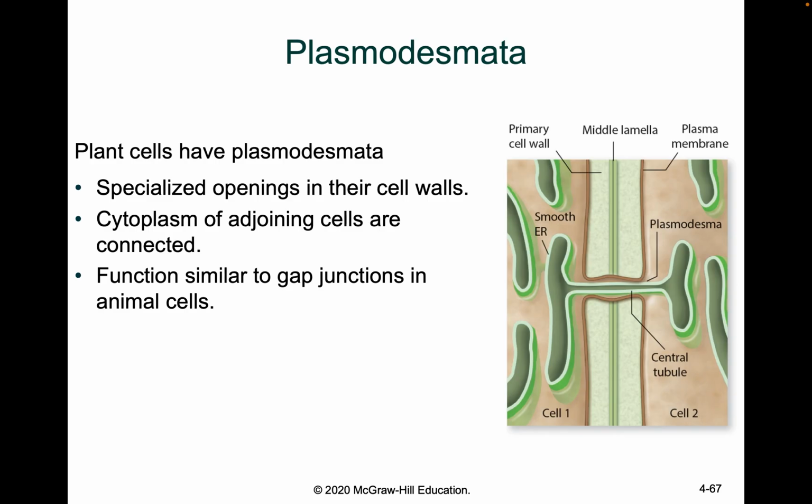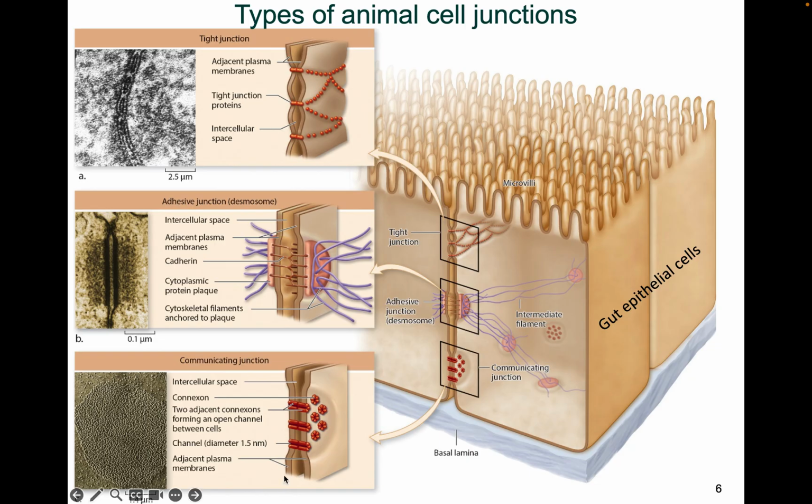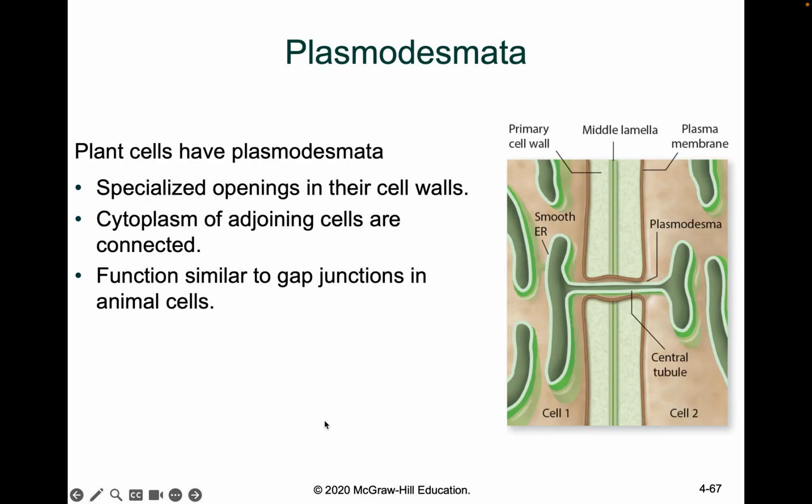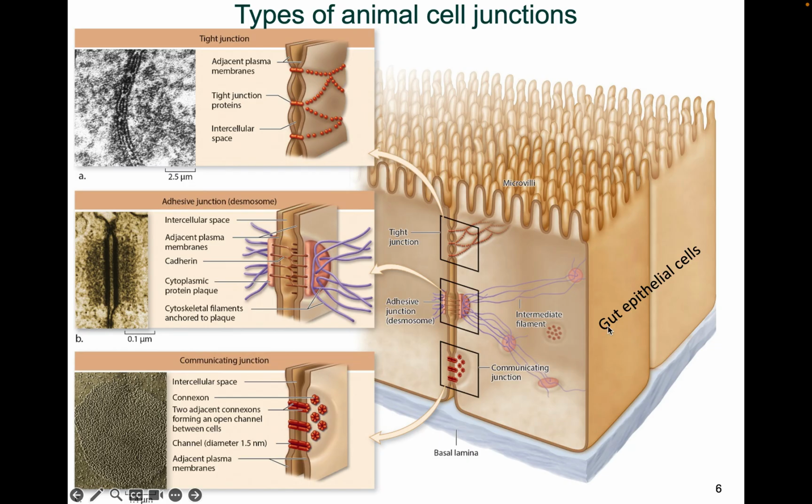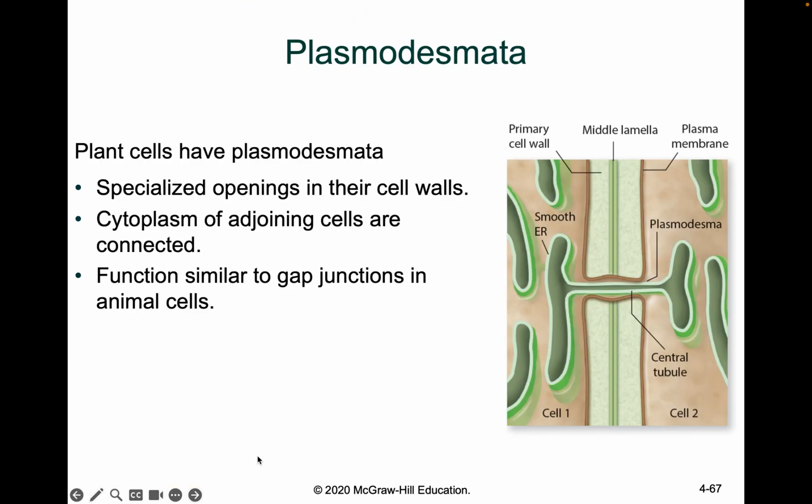In plants, you have something very similar to these communicating junctions. In animals, you have these connexons, while in plants you have something called plasmodesmata. Plasmodesmata is almost the same as this, but it's between two plant cells.